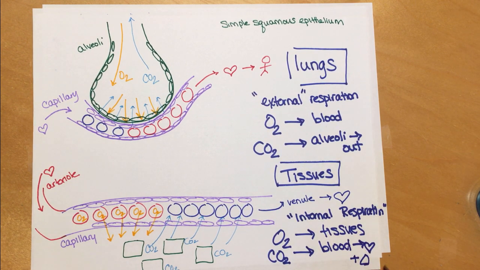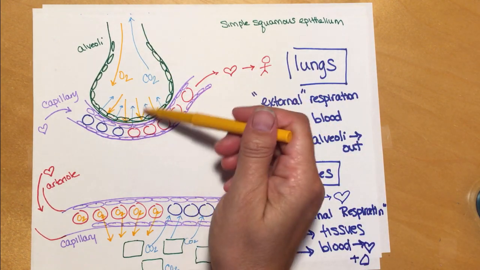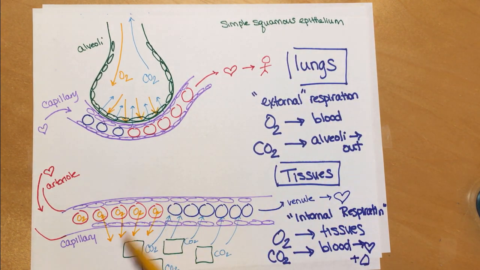It's then going to go back to the heart and lungs to be excreted out of the body. So we've got two different kinds of respiration here. We have external respiration, where O2 comes in and enters the blood, and CO2 leaves the blood and leaves the body, or internal respiration, where O2 leaves the blood and CO2 comes back into the blood and is taken away from the tissues.